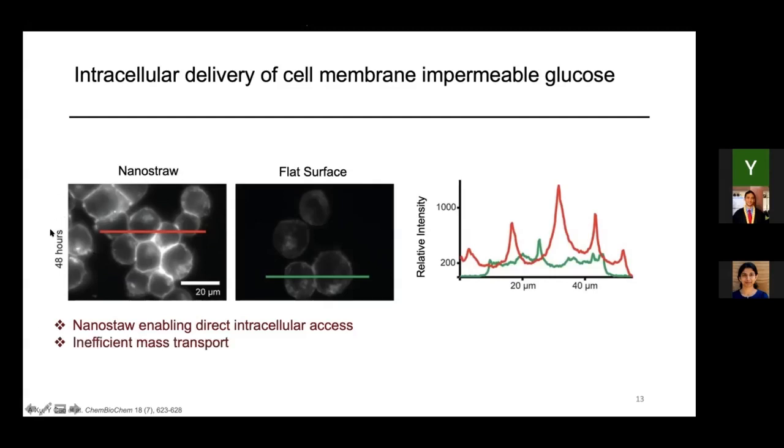However, if you look at this condition, we used 48 hours, which is too long and certainly not efficient for a normal bio research experiment. So we will move on to modify or improve the system to increase the mass transporting efficiency.